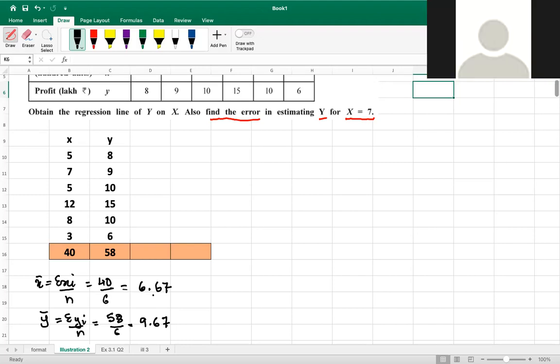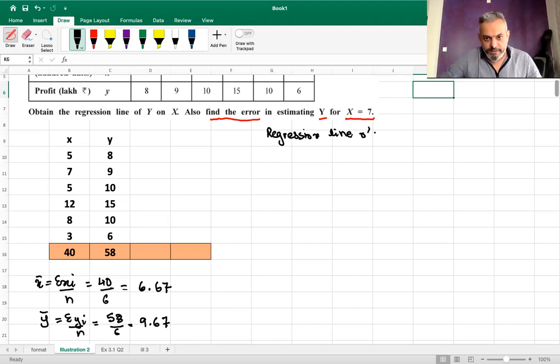Now the regression line, also known as the line of best fit of y on x, is y cap is equal to a plus bx.